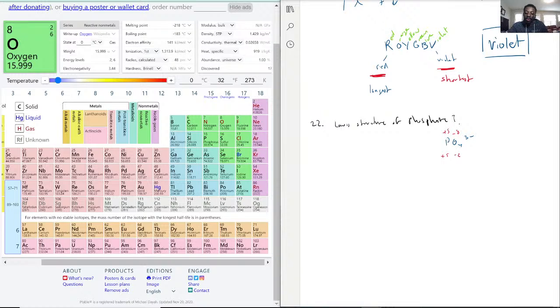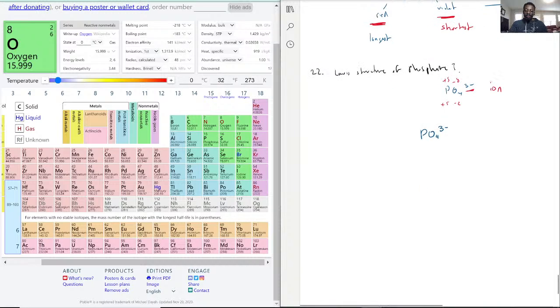If they said what is the Lewis structure of phosphorus tetraoxide, then we would have it without the charge. But because they say phosphate, they're referring to the phosphate ion. So now that we've clarified that, it's PO4 3 minus.